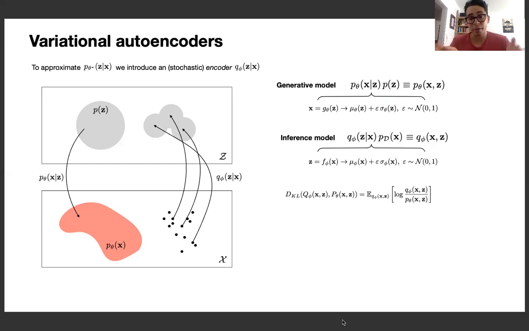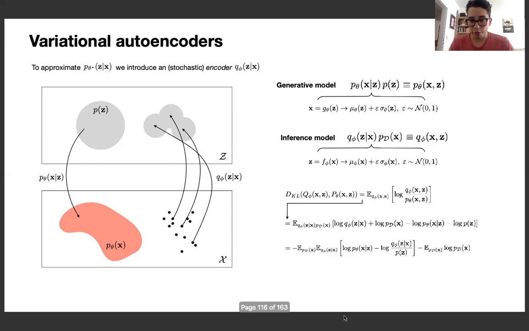We can use the Kullback-Leibler divergence because in this case we have densities all over the place. So here is the definition of the Kullback-Leibler divergence. We can expand the log and reorganize terms a bit. We basically take out the term corresponding to the empirical data set. It doesn't have parameters, so it's basically a constant.